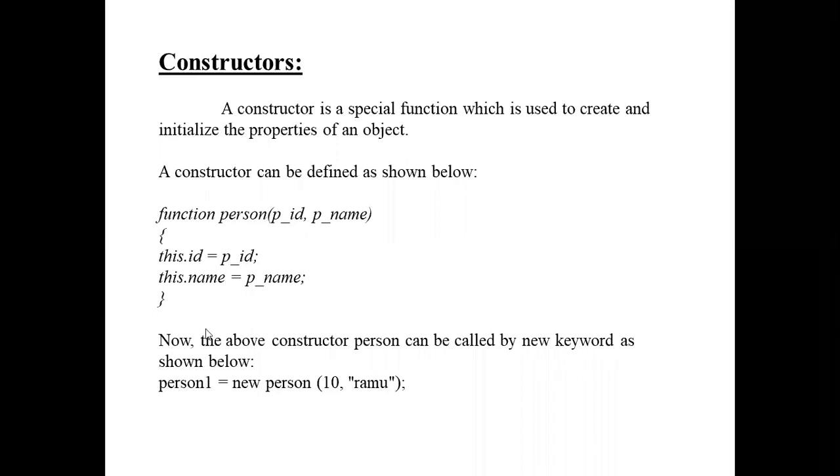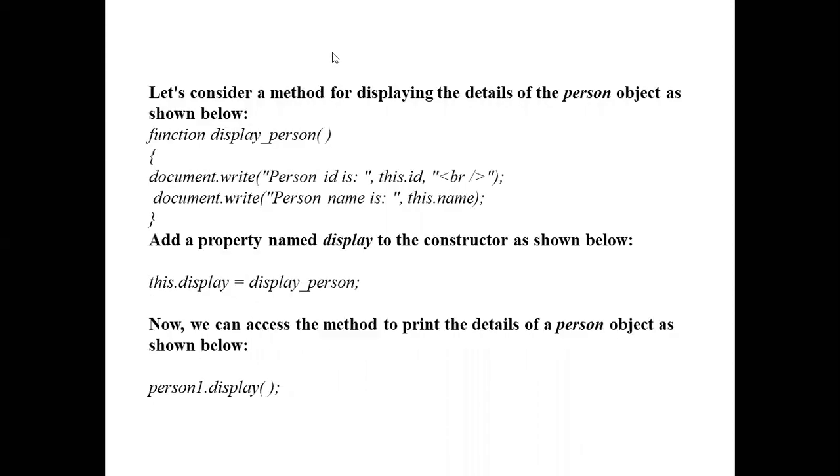If the object contains a method, it is also initialized the same way as a property. Here this.id and this.name are the properties. If the object has a method, let us consider a method for displaying details of the person object.